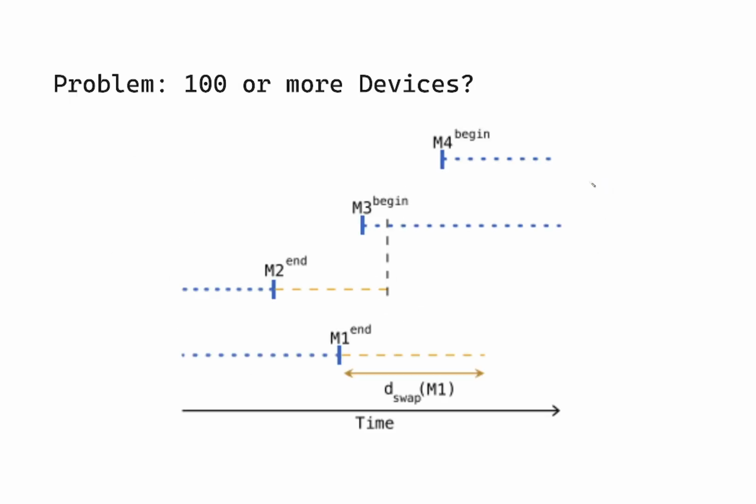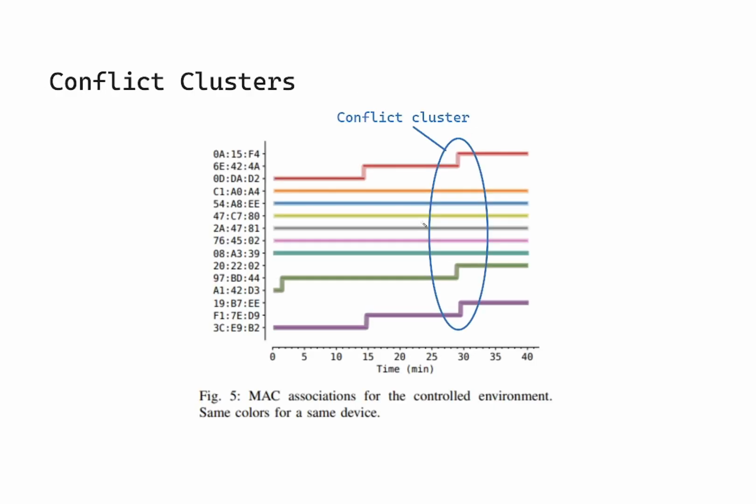But in this new system, there's not a trivial way to tell whether these MAC addresses are paired with one another, because the randomization is happening from both devices at the same time. And that happens a lot more when there's a lot of devices within the system. We call this conflict clusters.